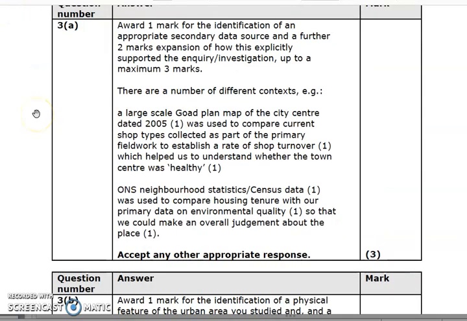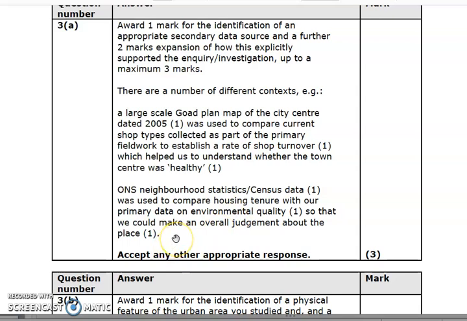Look at the mark scheme then. Now we can see here that the mark scheme is talking about GOAD maps, which are a type of map which plot individual buildings and what they were used for, but we don't use those in ours. But what we did use was Office of National Statistics, the census data. So here they're talking about housing tenure and how we could make an overall judgment about the place, how it linked to different other types of data.